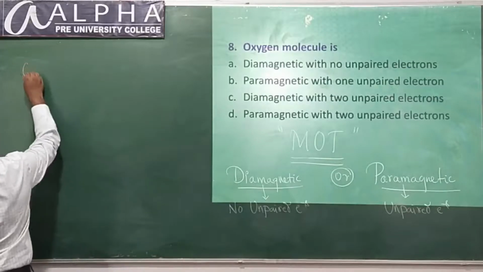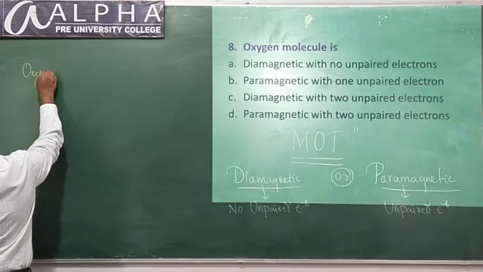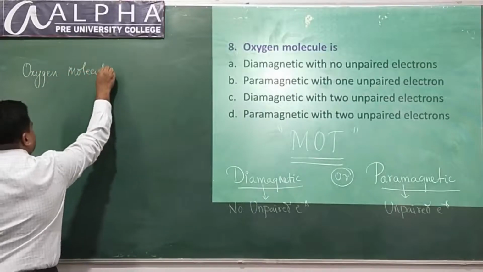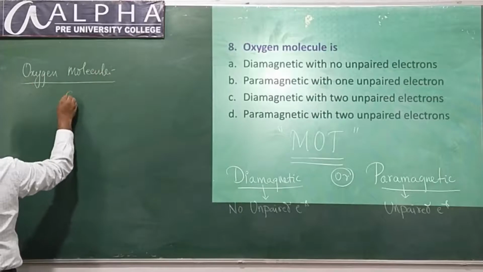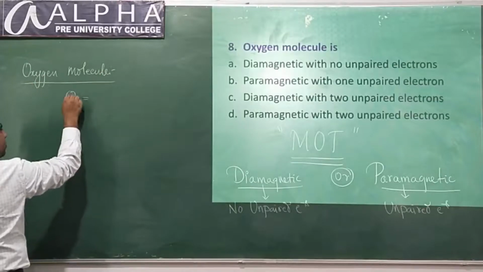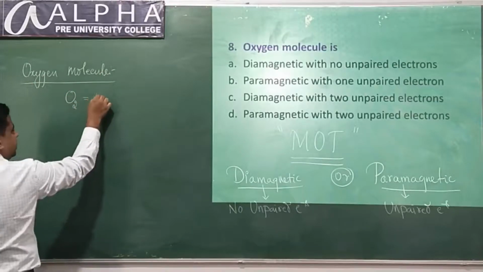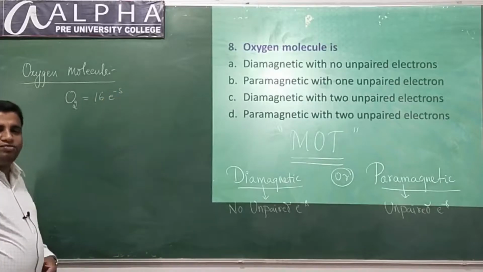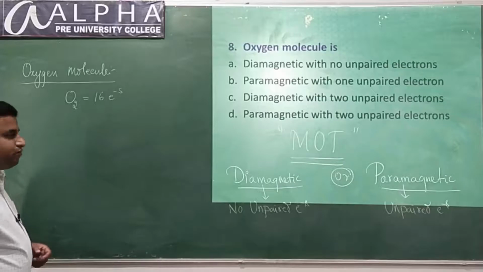Yes, oxygen molecule. So oxygen molecule means O2. Total how many electrons? 8 plus 8, 16. That means I have to make use of the same electronic configuration that I wrote before. What is it?